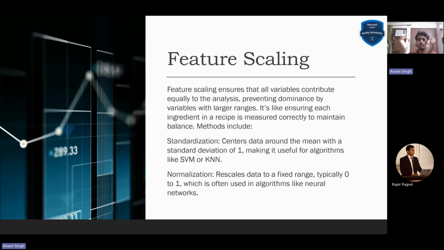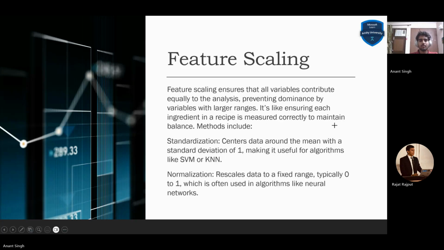We normalize or standardize these so that our model is not skewed by one column, and every single column, which for simplicity is an attribute of the data, has an equal say in the prediction or the output. That is why we do feature scaling.